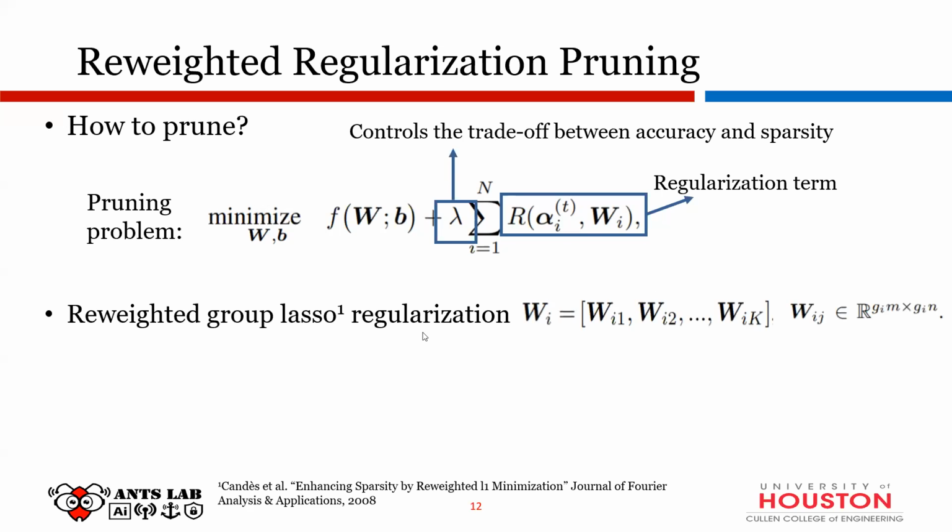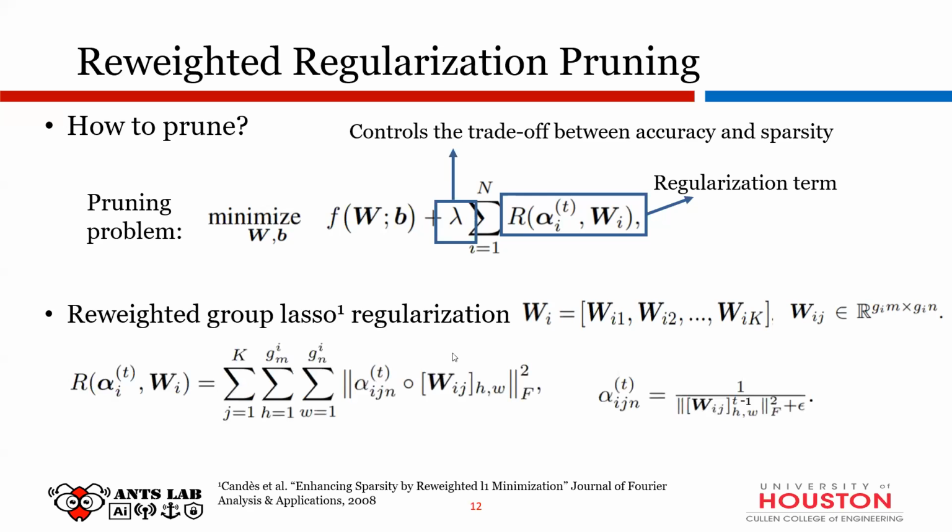So in order to do the pruning using the block punched scheme, we first decompose the weight into a total of K blocks, and use this reweighted group lasso regularization, with the formulation as follows. We use this reweighted term alpha to penalize the weights with smaller values by using this 1 over the F norm term here.